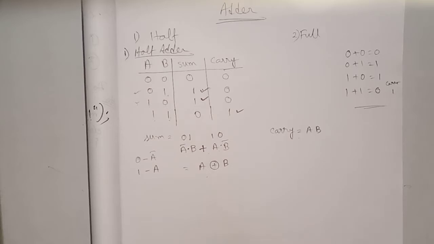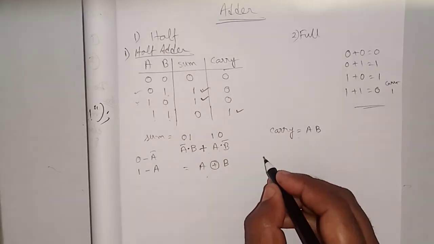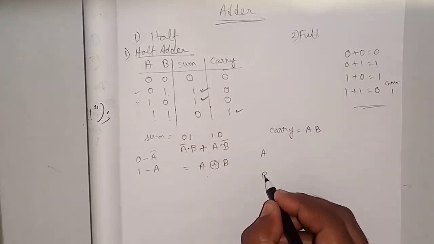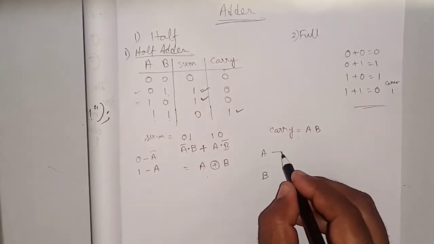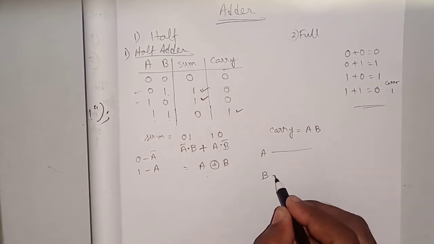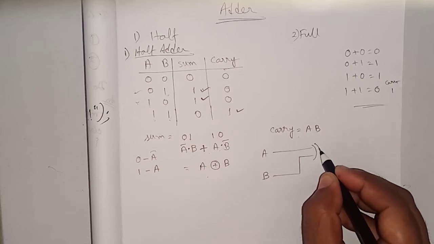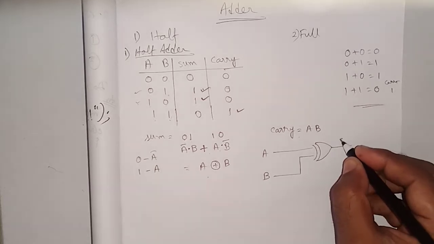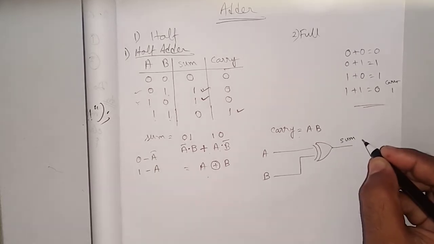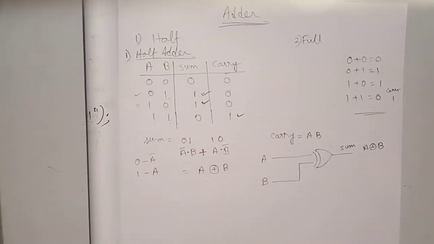Now it's time to write the circuit. How do we draw the circuit? First we draw the sum circuit. We are taking A and B. First we take a straight line from A, and we take a line from B. Then we prepare an XOR gate over here, and we write sum, or you can write A XOR B. Both are right.